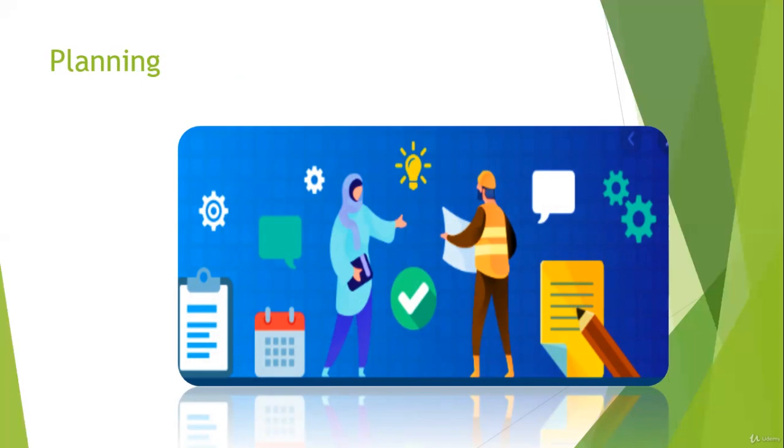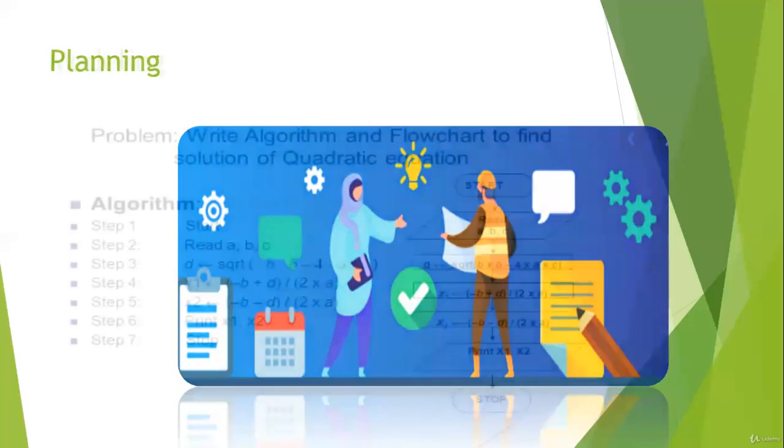The software developer team sits together and decides how many people are required to develop the software, as well as estimates the cost of the software using some techniques like LOC, and also how much time is required to develop that software. That is, overall software estimation as well as planning required to create a software is done in this phase.